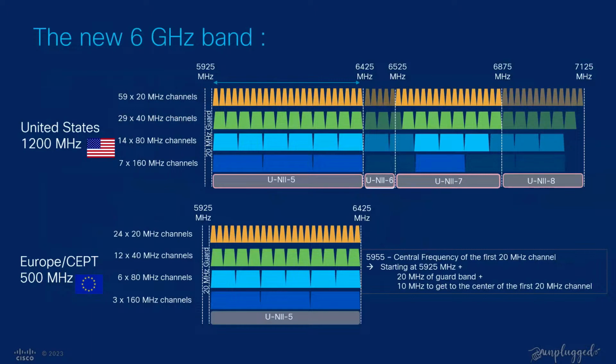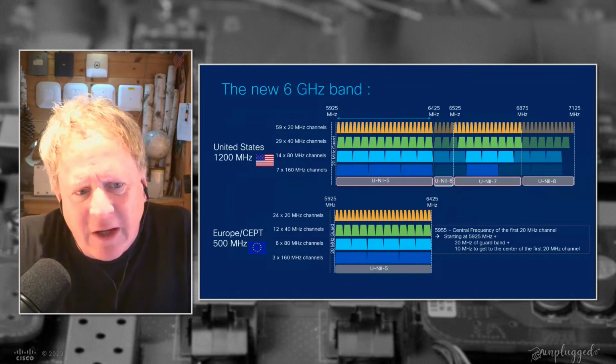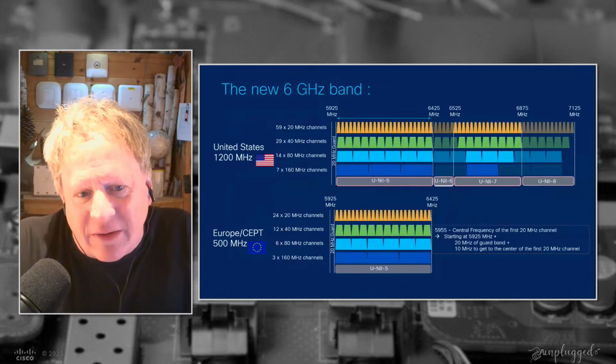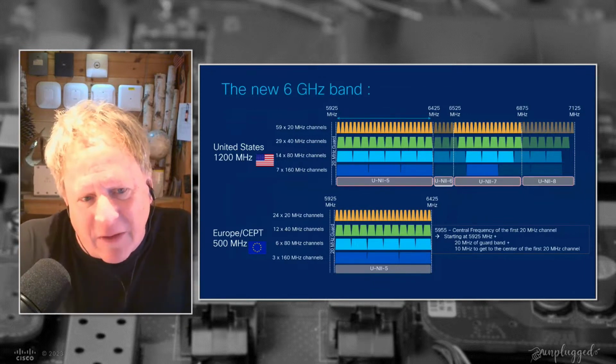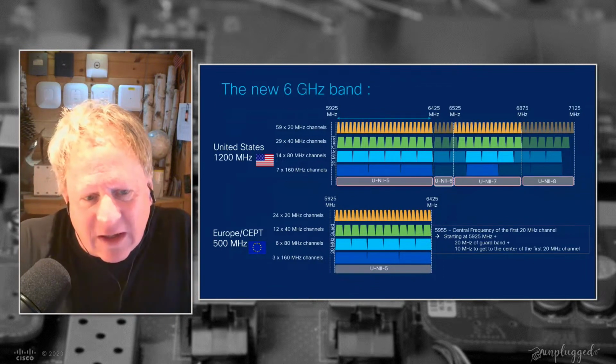This is also applicable to other parts of the world that are also using 1.2 gigahertz, not just the United States. We've got 59 20 megahertz channels. That's more channels than we've ever had in the past with Wi-Fi, even if you consider the additional channels that we gain with 5 gigahertz.